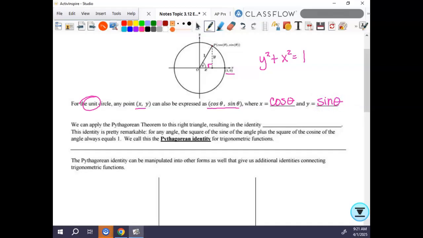Okay, old news. We got that down, I hope. So then we can apply the Pythagorean theorem that we just wrote down right here. And if I substitute these in for x and y, I'm going to get sine squared theta plus cosine squared theta equals 1.